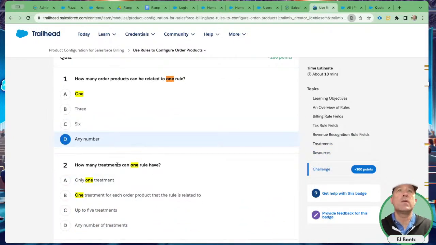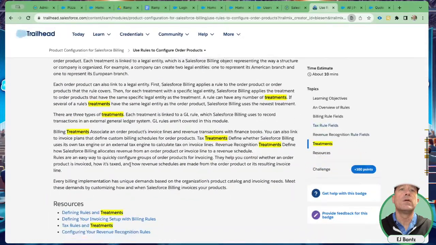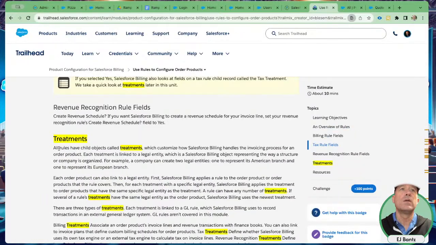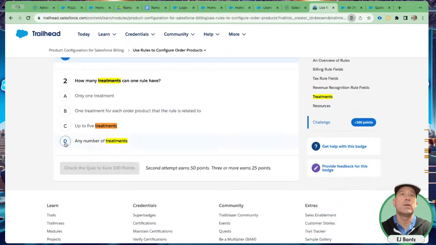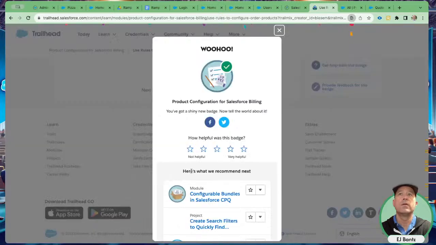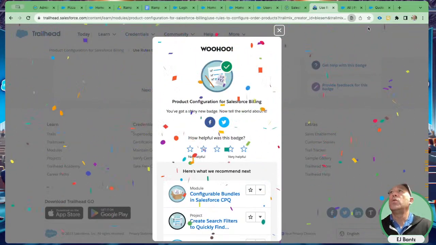How many treatments can one rule have? All rules have child objects called treatments. A rule can have any number of treatments. There you go. Woohoo!